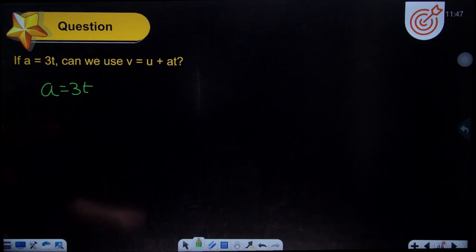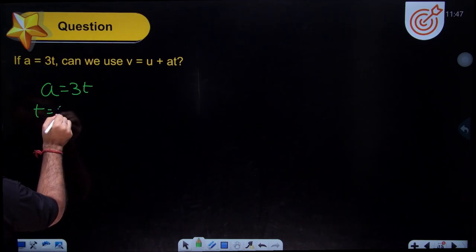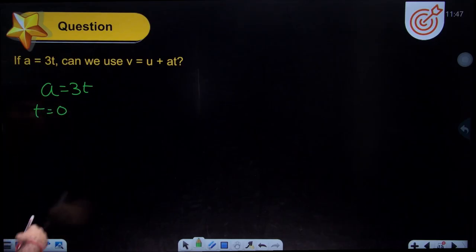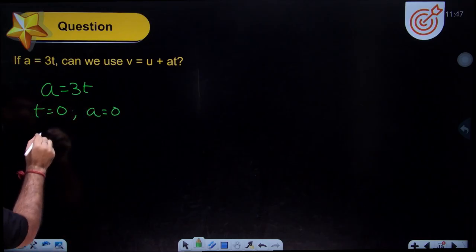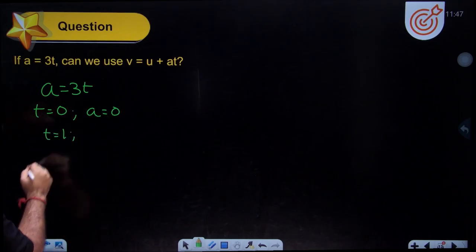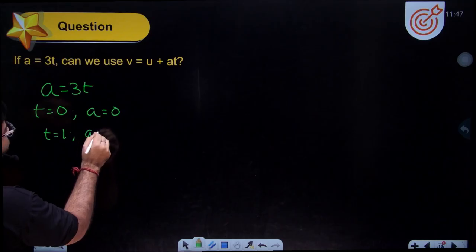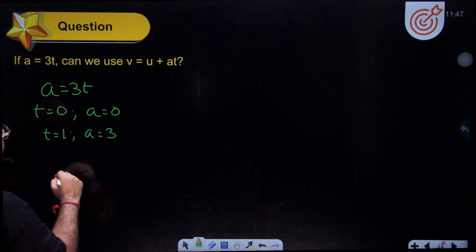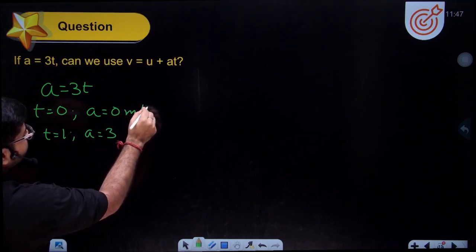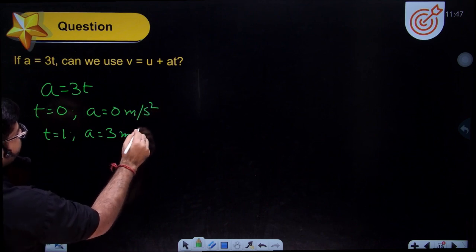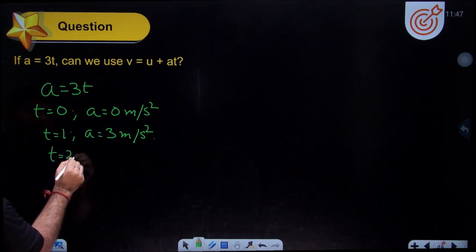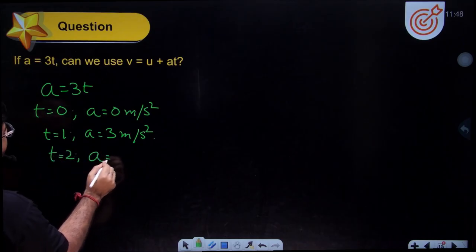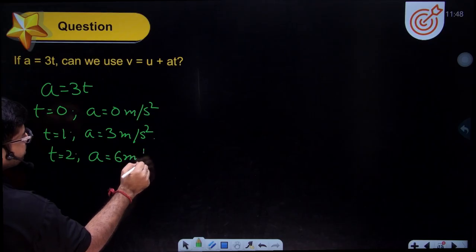That means when I am considering t is equal to 0, at that time A value is becoming 0. When t is equal to 1, A value is becoming 3. When t is equal to 2, A value is becoming 6.